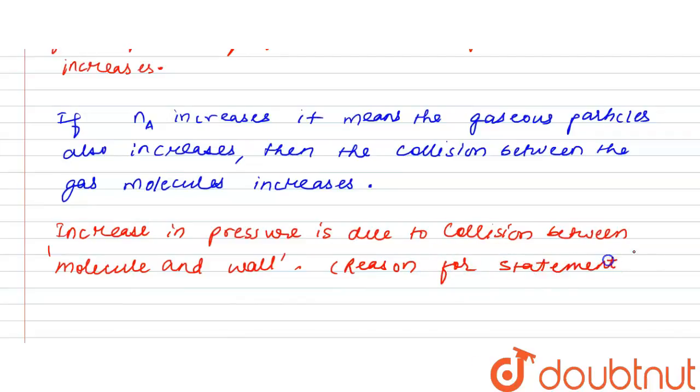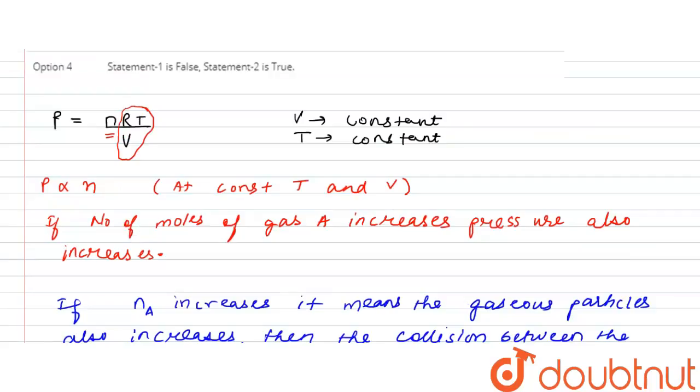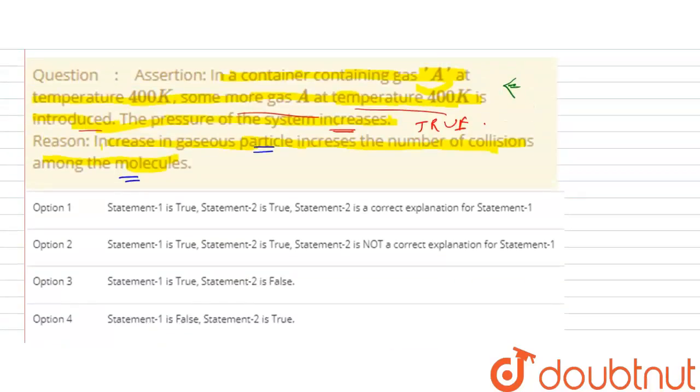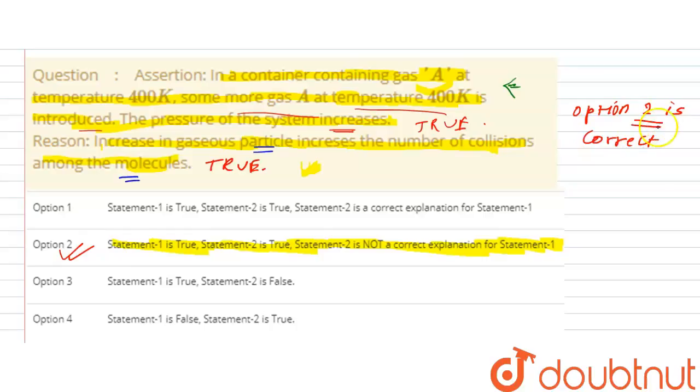So what you will say is that statement 1 is true, statement 2 is also true, but statement 2 is not the correct explanation of statement 1. So we will select that option 2 is correct, right? I hope you have understood.